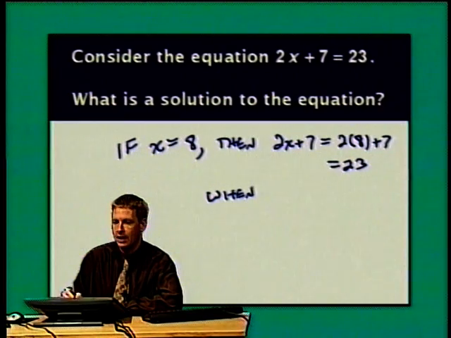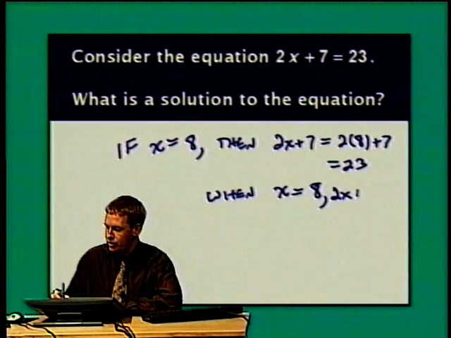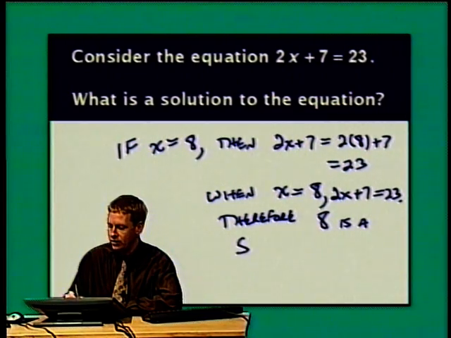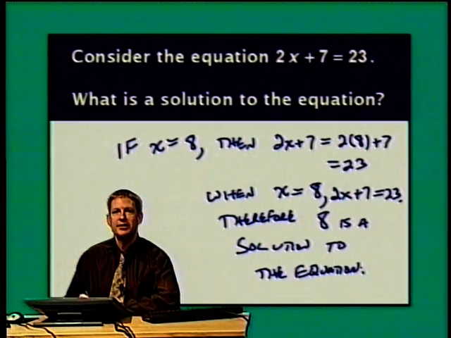When x equals 8, our variable expression, 2x plus 7, equals 23. Therefore, 8 is a solution to the equation.